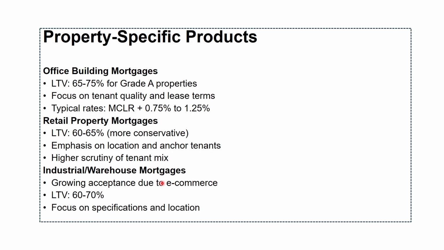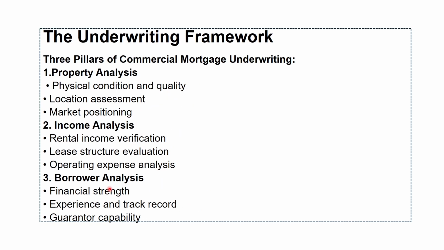Then we move to the underwriting framework. Here we see the three pillars of commercial mortgage underwriting: property analysis, income analysis, and borrower analysis. In property analysis, we look at the physical condition and quality of the real estate, then the location assessment, where the property is, and the market positioning of the property.